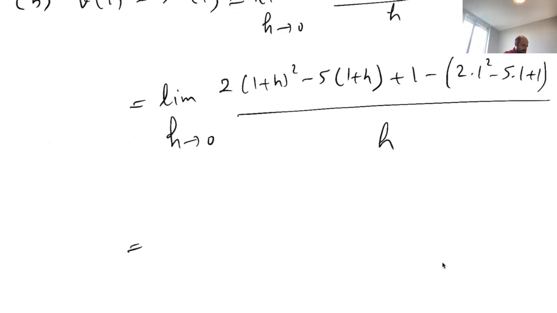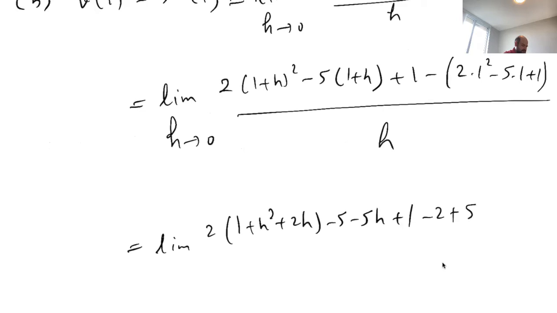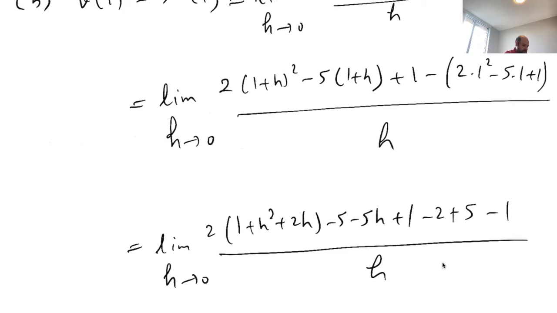And then again, we can simplify this limit: 2 times 1 plus h squared, plus 2h minus 5h plus 1, minus 2 plus 5 minus 1, divided by h. So 1 and minus 1 here, they cancel.